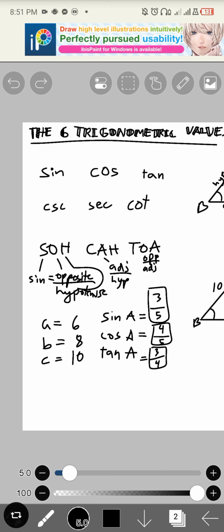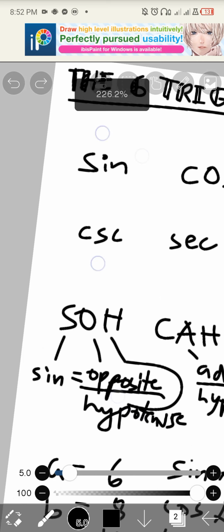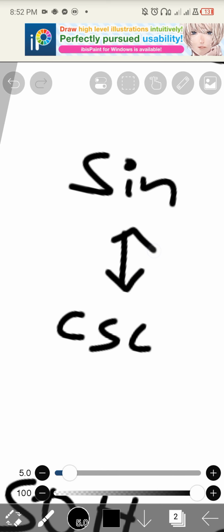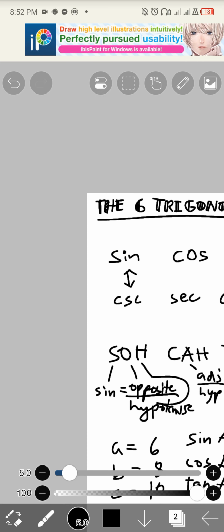Don't be scared about these three, since you basically just flip. If sine is opposite over hypotenuse, cosecant is hypotenuse over opposite. Pretty easy to memorize.